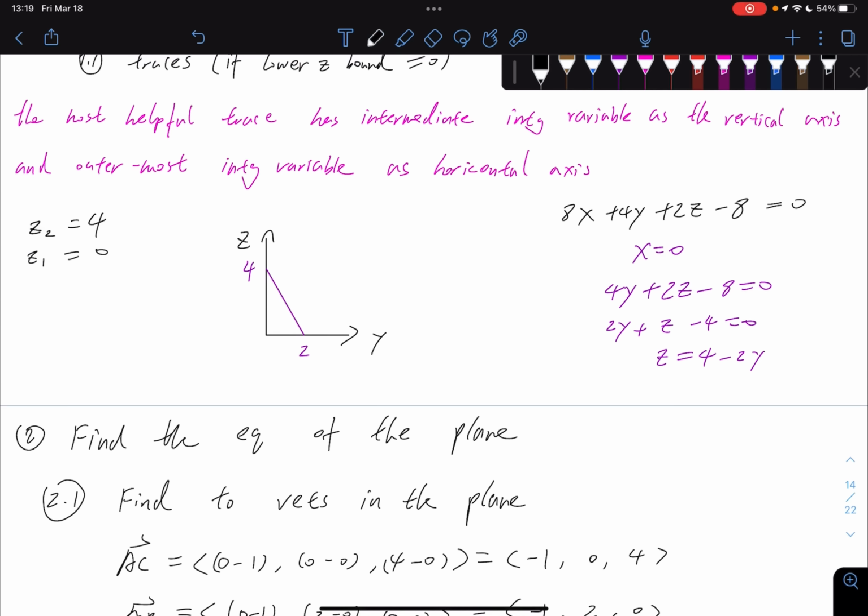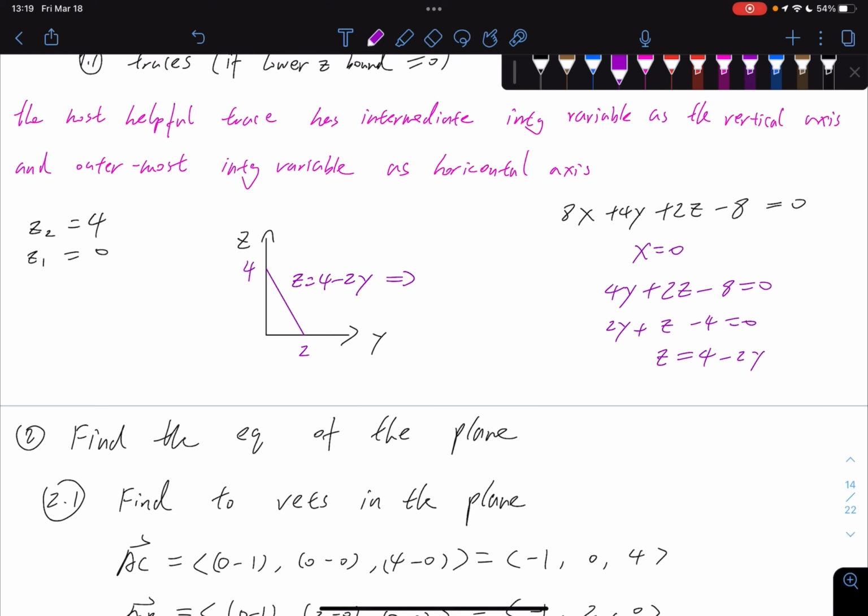And then for the y bounds, we need to write z equals 4 minus 2y, expressing y in terms of z.